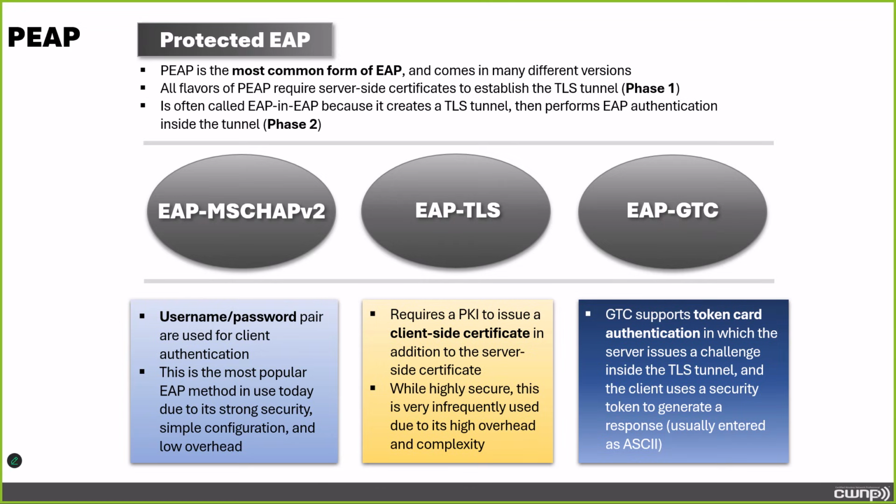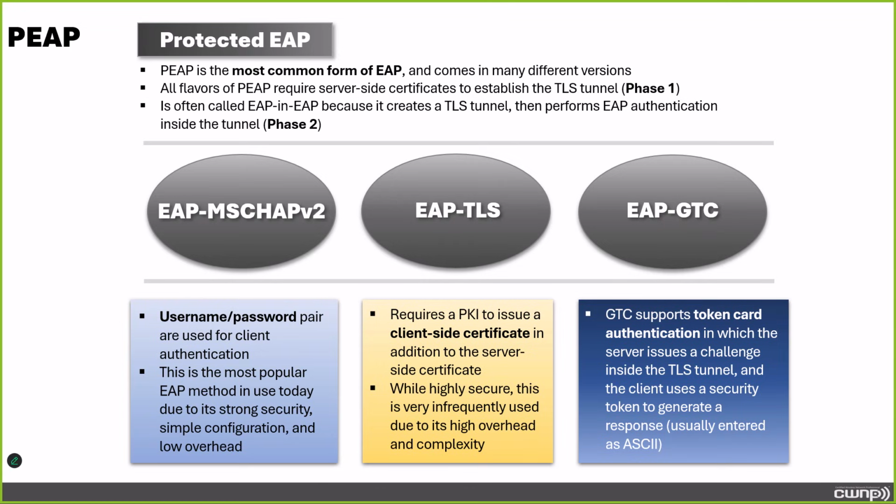Protected EAP is a tunneled EAP method. And so what that means is that we establish a tunnel and then we use MS-CHAPv2 inside of the tunnel, or we use EAP-TLS or EAP-GTC or something inside of the tunnel. Usually EAP MS-CHAPv2, because the whole reason that PEAP is seen as beneficial is because we don't need client certificates, so we don't want to use EAP-TLS inside the tunnel.